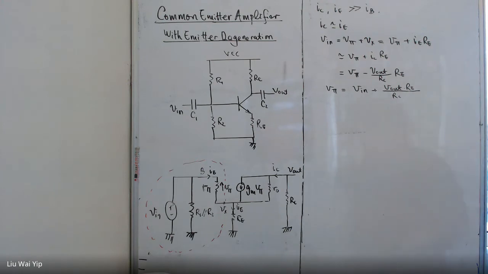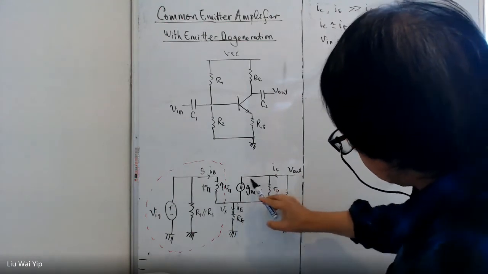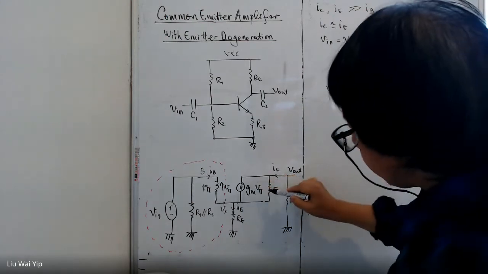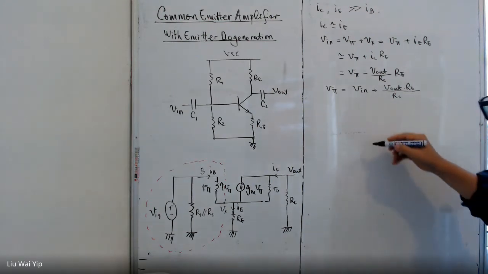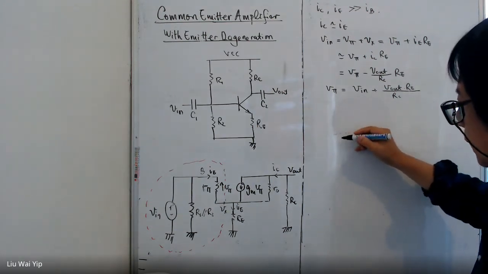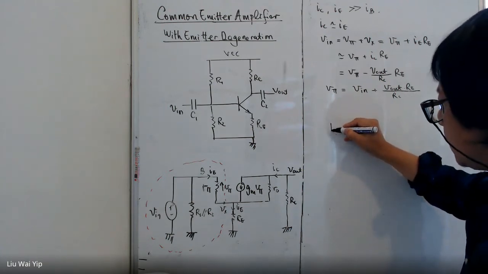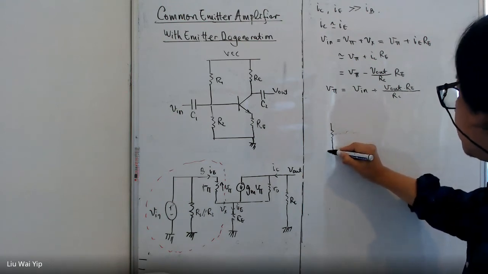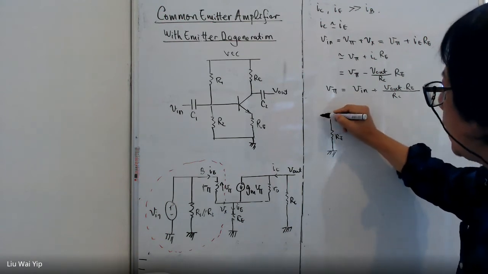Now, the next step that we are going to do is to simplify this network. And we have a parallel combination here. We can convert them into a Thevenin equivalent. And the way we do it is, first, we have a network, IE, and this is Vx.